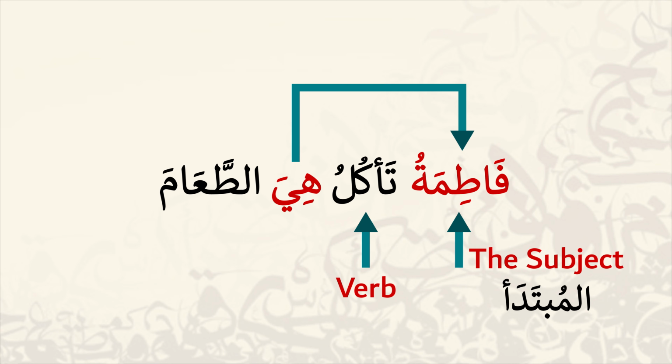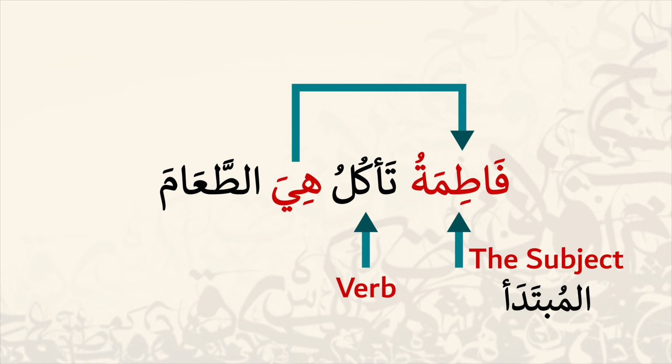A verbal sentence cannot be complete without a subject. And one last point about the verb here. It's conjugated based on the subject. Here it is feminine singular. That's why we said تأكل, not يأكل.